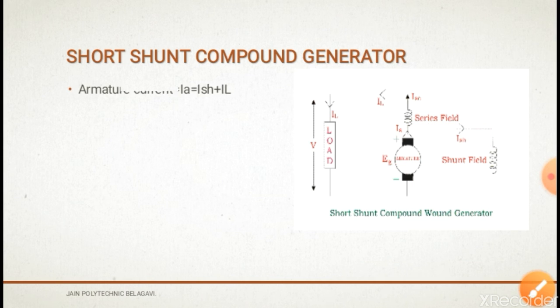So the current through the armature winding is given as Ish plus IL. This IL is equal to the series field current. So the terminal voltage across this load is given as Eg minus Ia into Ra minus Isc into Rsc.